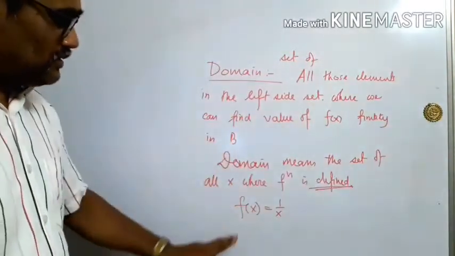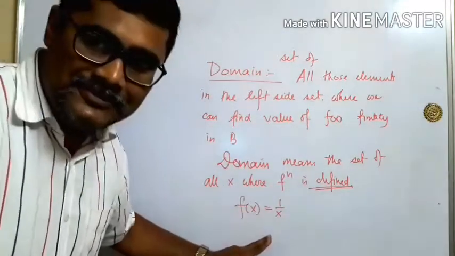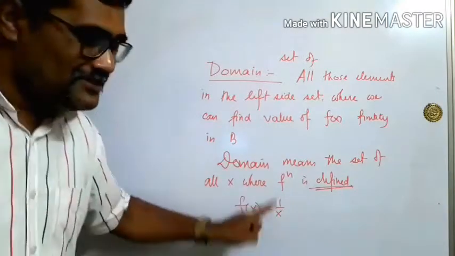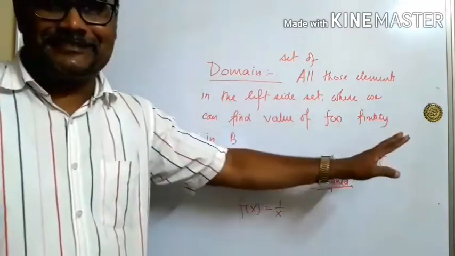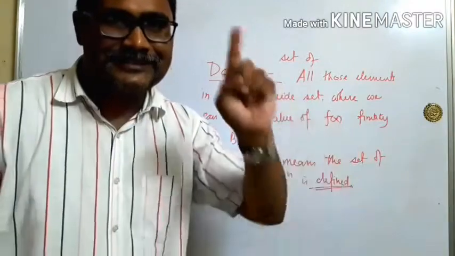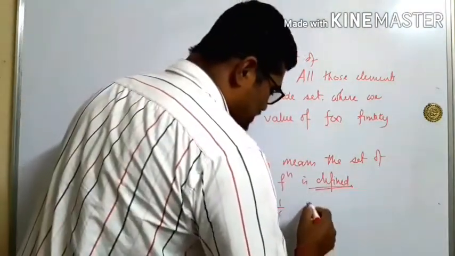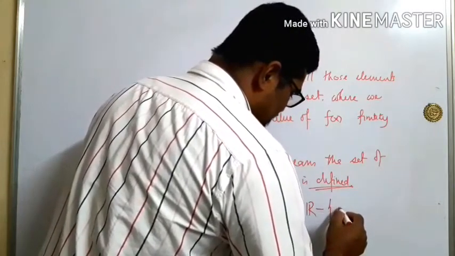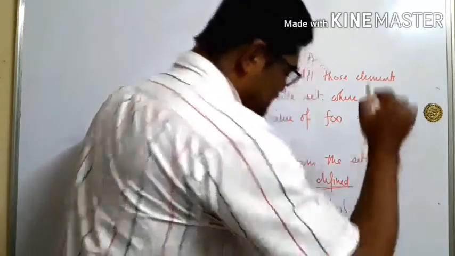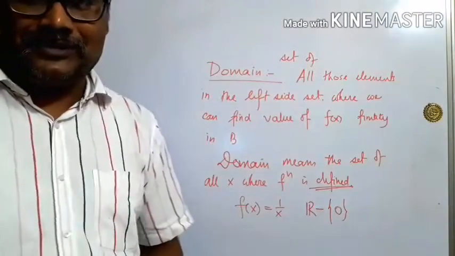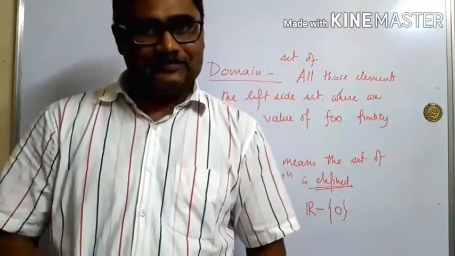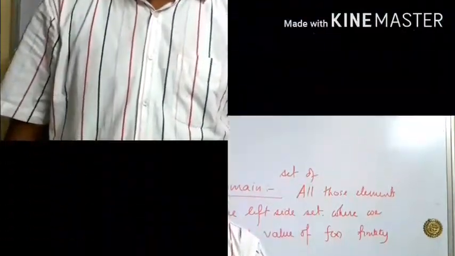Got it? So here, if I ask you to write the domain for this, it's all real numbers except 0, because at 0 you cannot find 1 by x. So the domain will be real numbers minus 0. Am I clear? I do hope that I am clear.